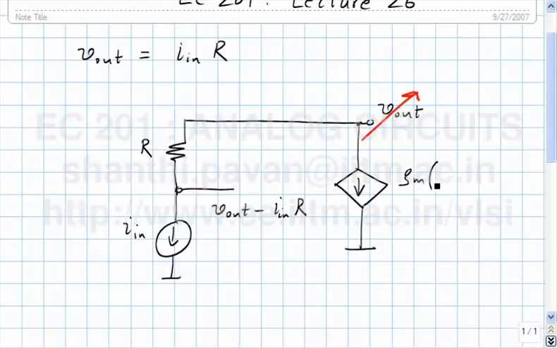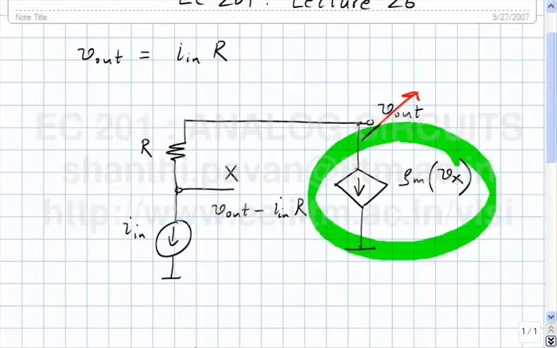So this current must be of the form Gm times, if I call this node potential node X, Gm times Vx. Okay. On the other hand, if V out minus In R is smaller than 0, or negative, then you know that V out is not high enough, in which case I have to push the potential of V out up, and that is accomplished by pushing current into the node. So you can see that the sign of the control source is correct.